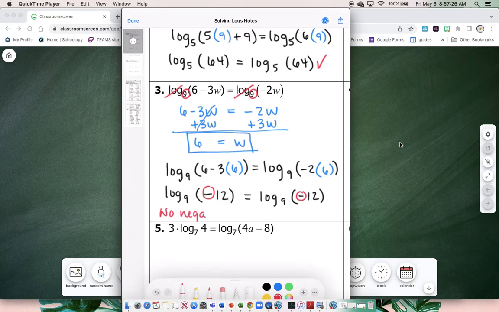No negative logs. Therefore, this 6 is not a solution. So if we don't have a solution, we're going to say this is no solution, because we cannot have negative logs. Even though they were the same on both sides, they were negative 12s, and we cannot have negative logs.